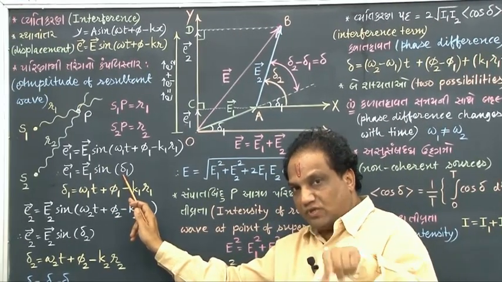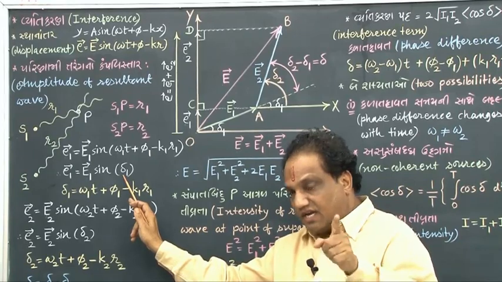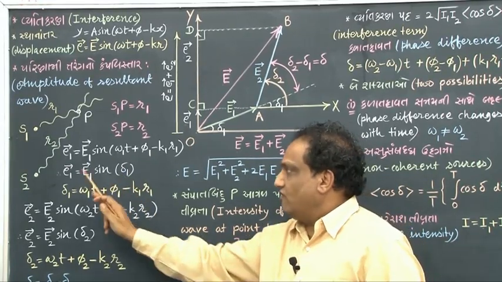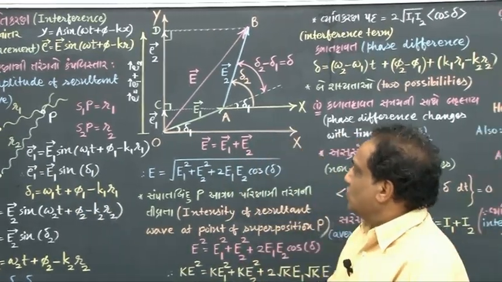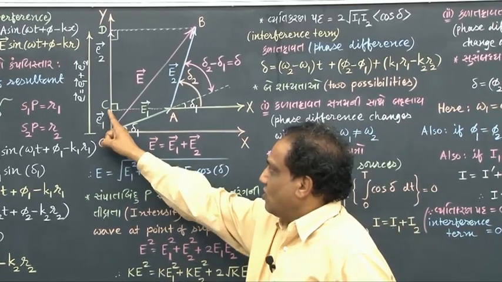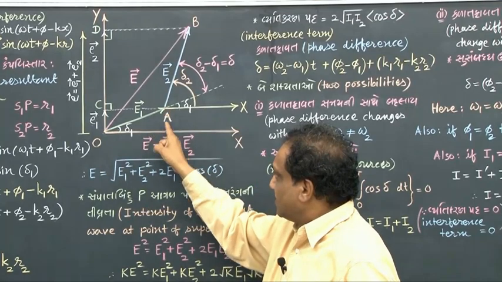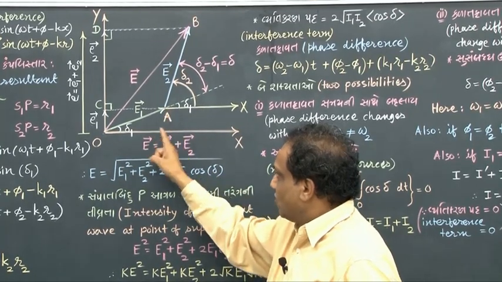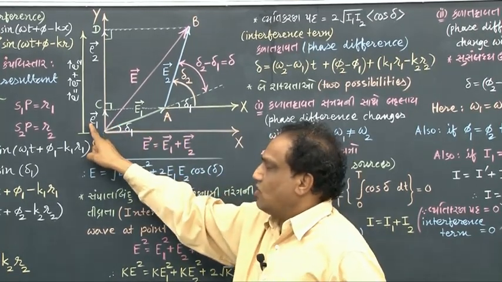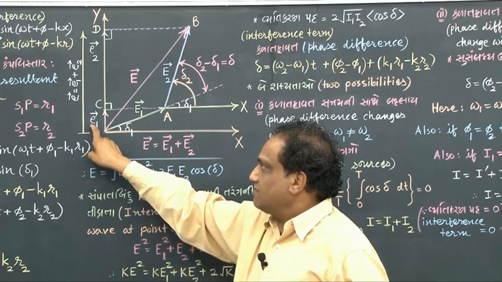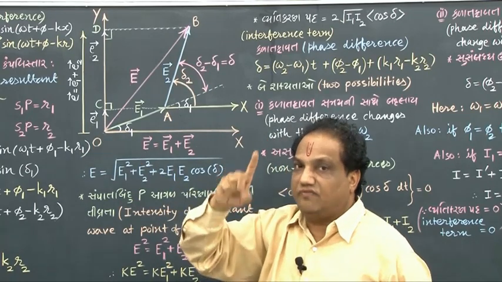Component of E1 opposite to delta 1 will be E1 sin delta 1, and it is going to give you vector small e1. So this much is vector small e1, that is displacement of first electric intensity vector.